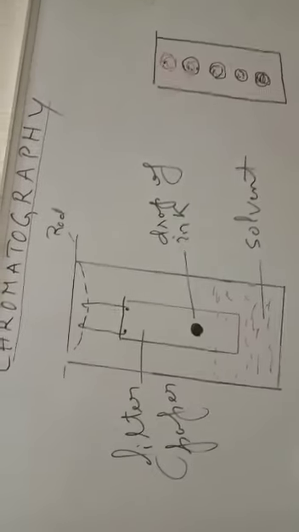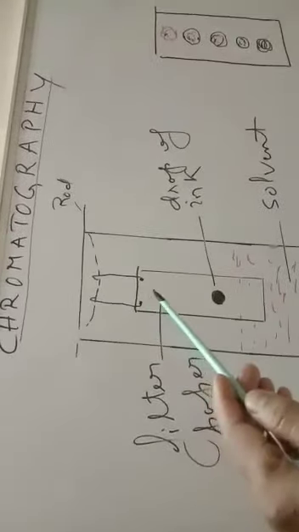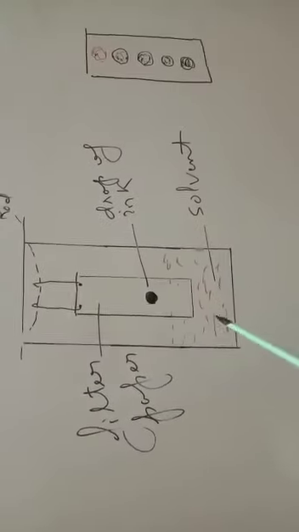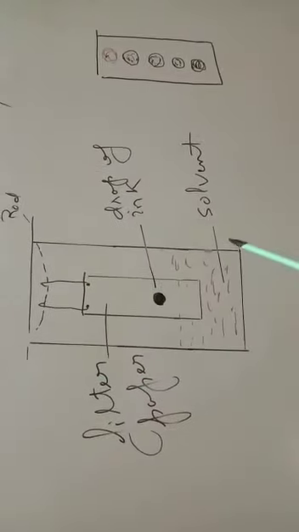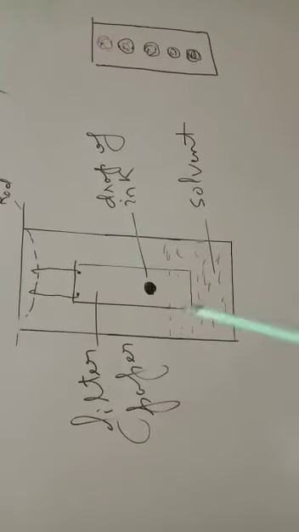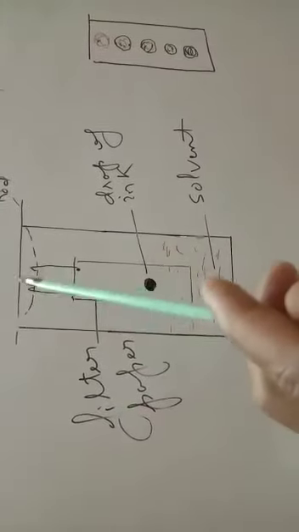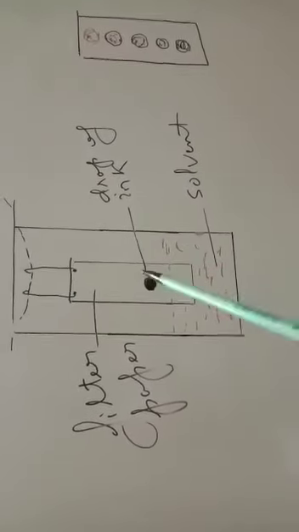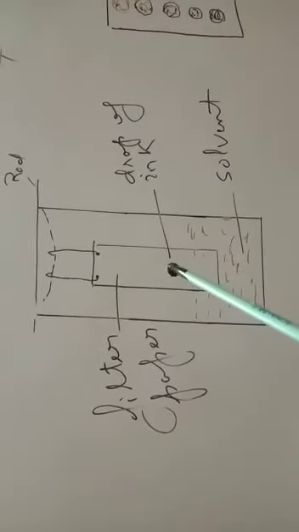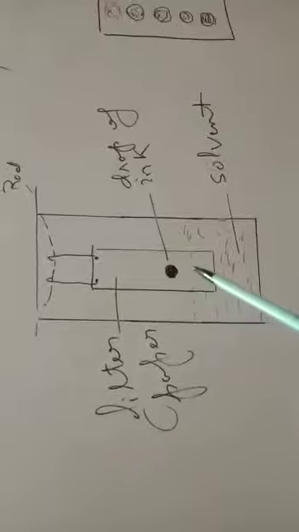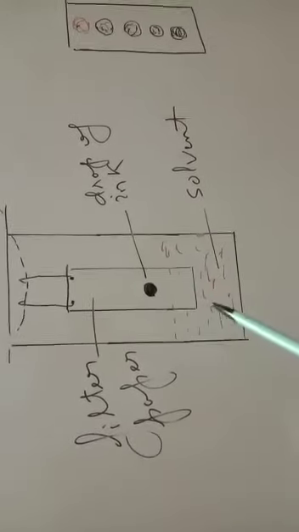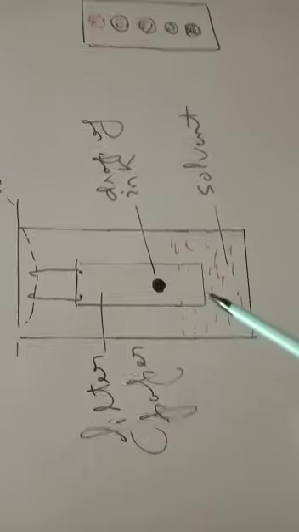Here you can see I have taken a filter paper. This is the filter paper and this is the solvent taken in this glass jar. The filter paper is hung with the help of a thread here. What I did was put a drop of ink on the filter paper and dip a small portion of the filter paper inside the solvent.